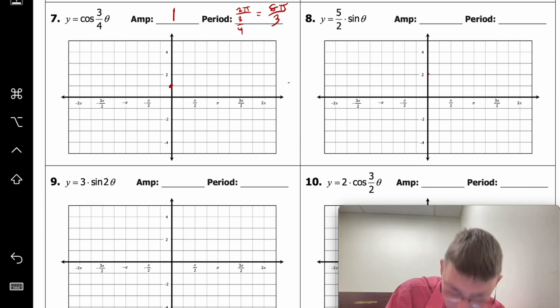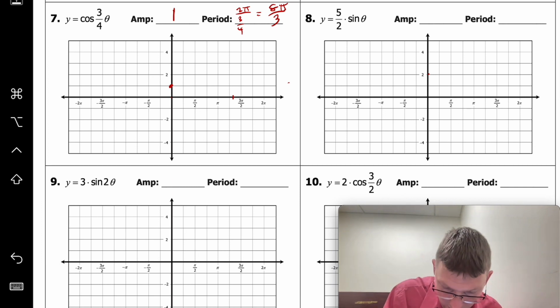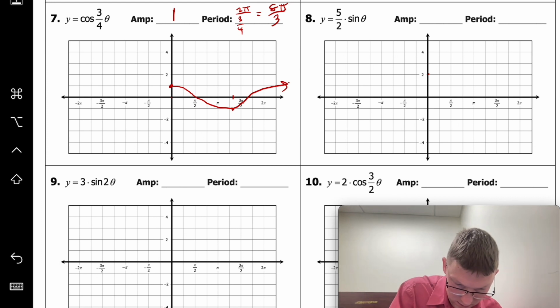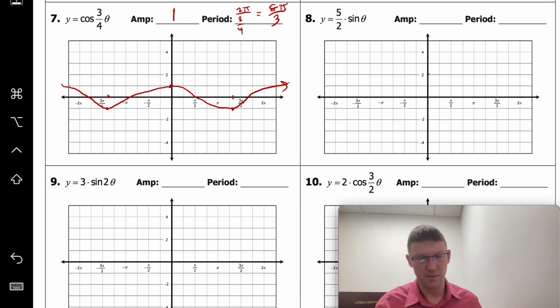That's a little bit before here. So we're going to call that our halfway point. So this is where it's going to go down on the amplitude. So then we can kind of connect these dots, and it's going to go way out there. And then let's see here, another one right before. So there you go.